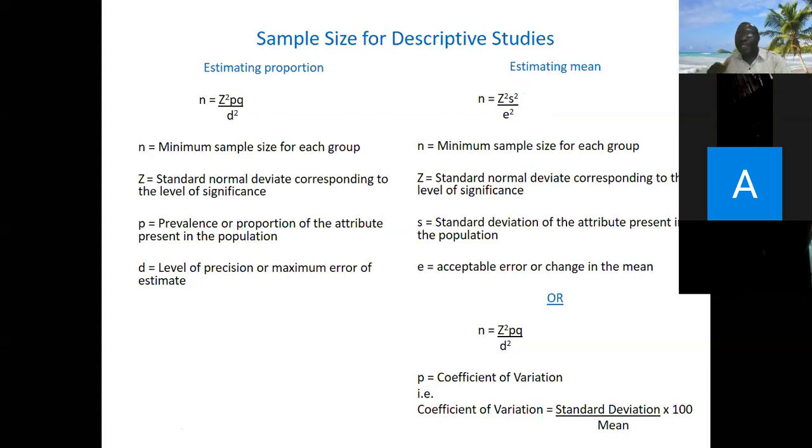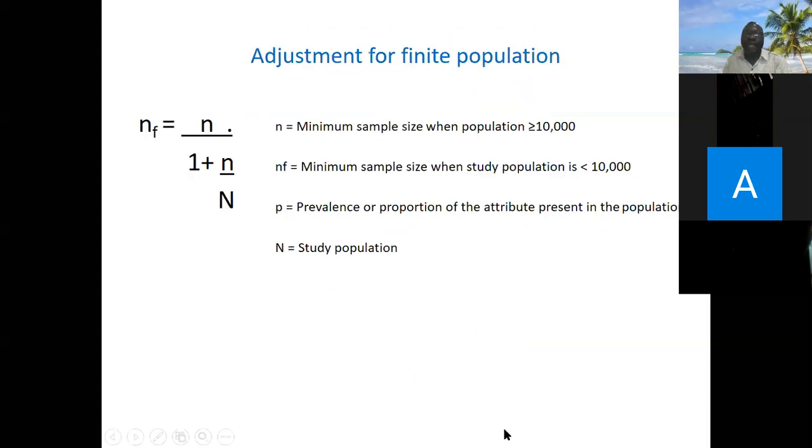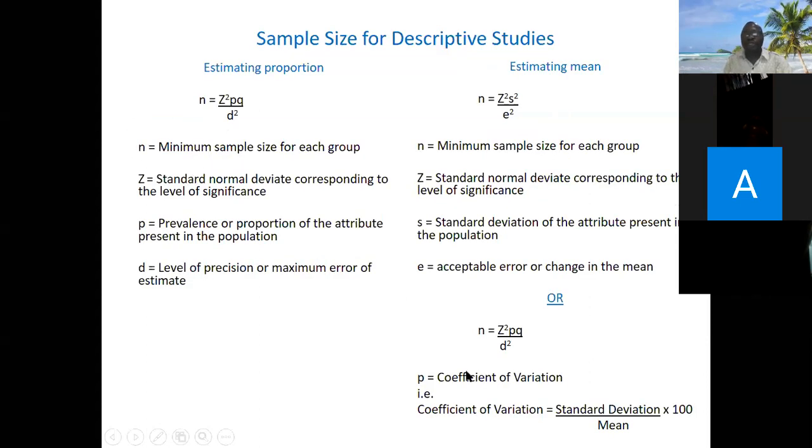Now, the alternative, if you don't want to do that, is using this formula also, the way it is. That's what I put down. But when you use this formula, your P is not just the prevalence, because of course you cannot calculate prevalence here, since what you have is the mean and standard deviation. Your P will now be the coefficient of variation.